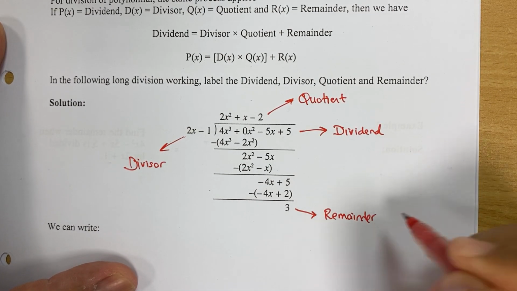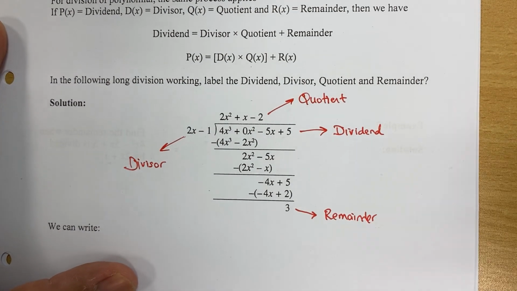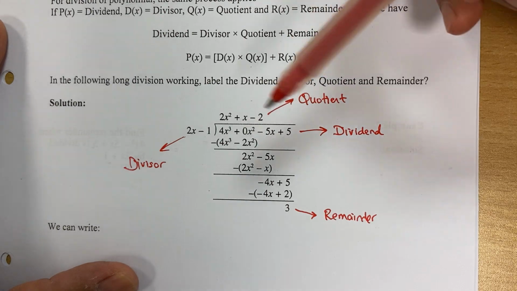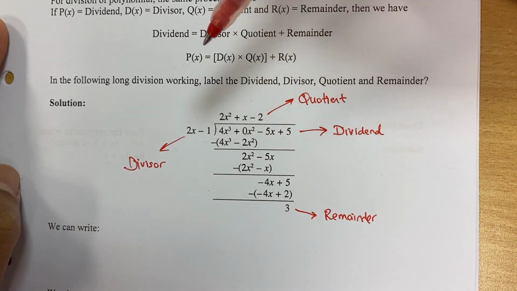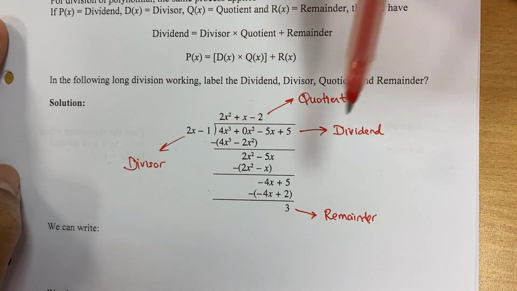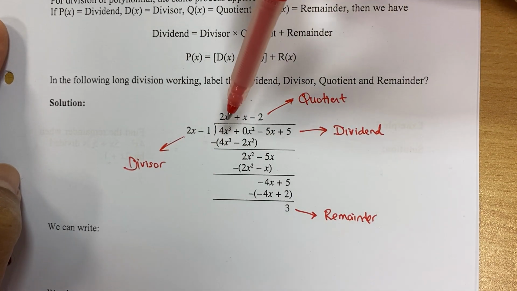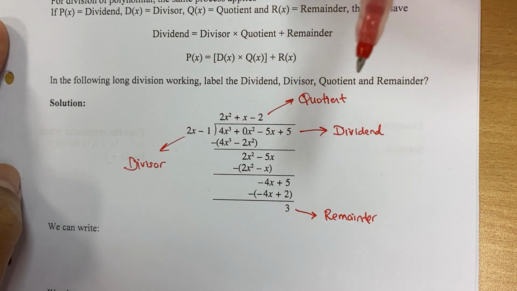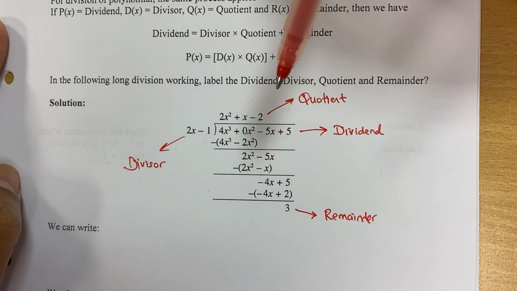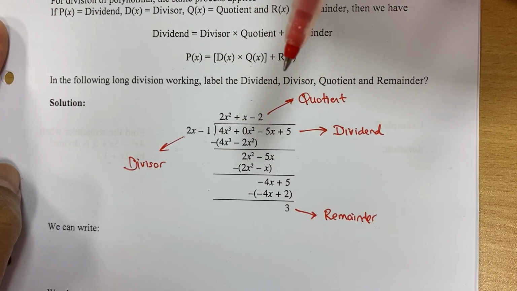Now I want to highlight a few important points before we go further. First and foremost, we notice that the dividend is arranged in descending order of powers: power 3, power 2, power 1, power 0. And you notice that I put 0x squared.